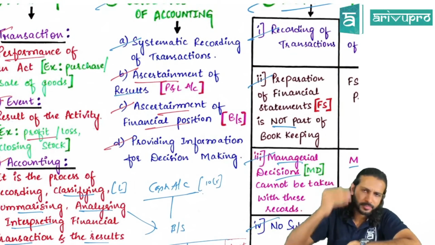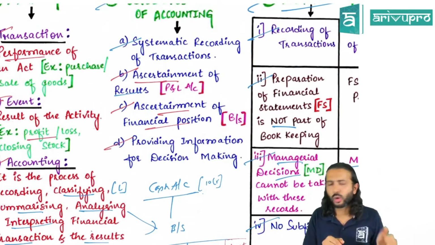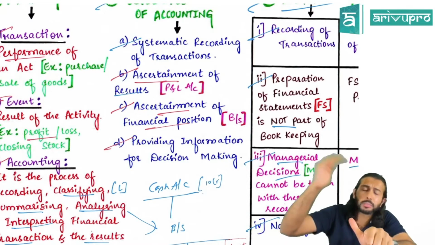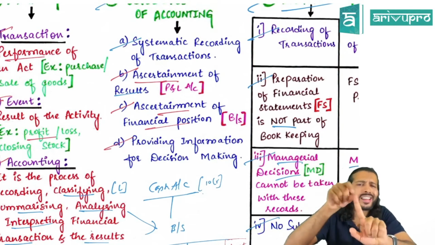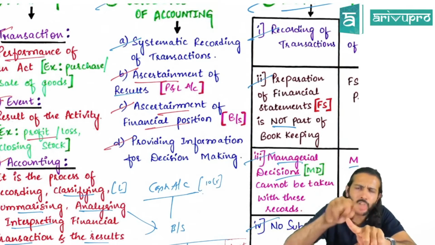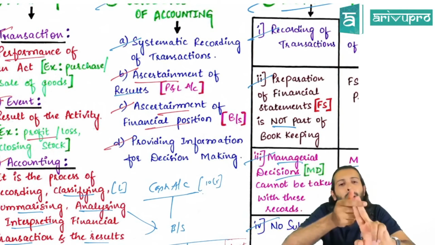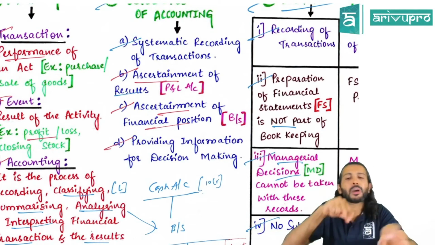Next is the difference between bookkeeping and accounting. Bookkeeping only deals with recording the transactions. Accounting deals with much more than that. Two, with bookkeeping, you will not get to know the results, whether you made a profit or a loss. With accounting, you can know the results. Third, with bookkeeping, you will not know the financial position, but with accounting you will.